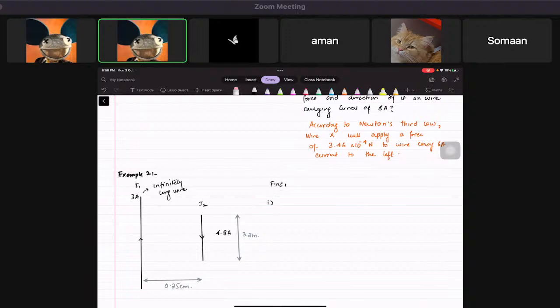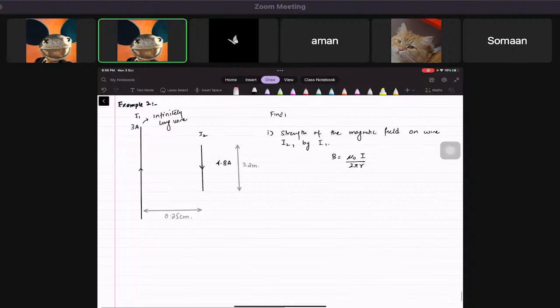Number 1, the strength of the magnetic field on wire I2 by I1. The formula is given as B equals mu naught I over 2 pi r.